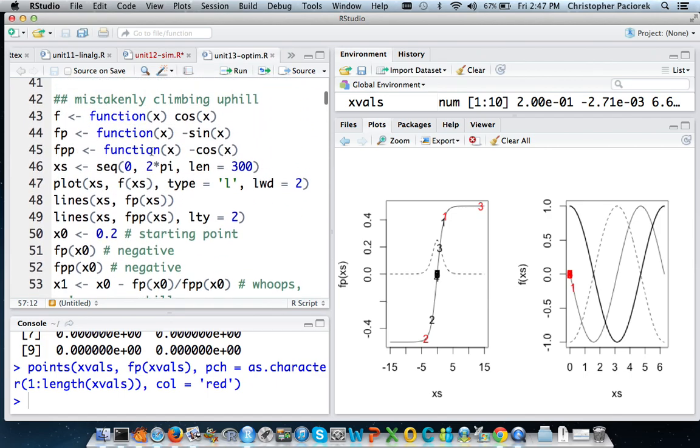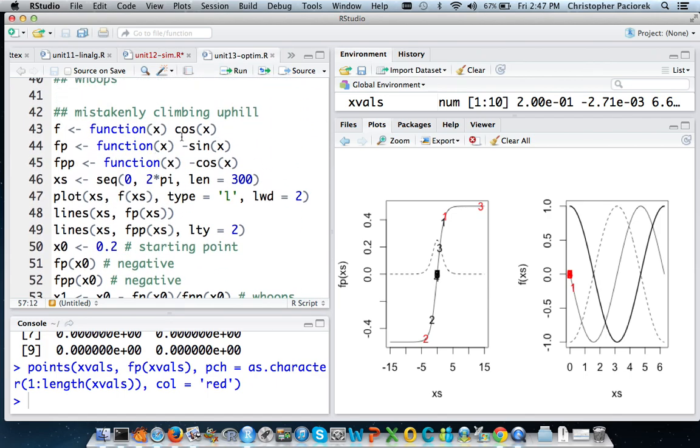I need to remind myself of what these things are. f itself is the cosine function, that's the dark line, and this is the first derivative here. If I start at 1 here, instead of converging to this optimum, I'm converging in this direction to this local maximum instead of to the local minimum. So that's just an illustration that these things happen in reality in very simple settings.